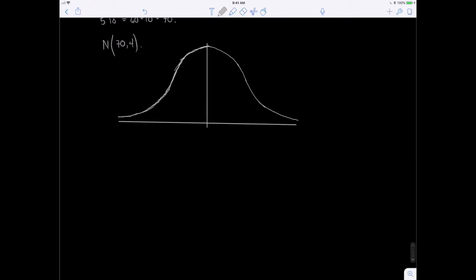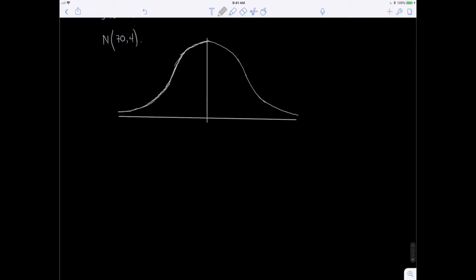Now, remember this is no different than the standard normal distribution. Again, the mean goes right in the middle. In the standard normal distribution, we would have gone 1, 2, 3 standard deviations to the right, and 1, 2, 3 standard deviations to the left. The picture is exactly the same, but now instead of a standard deviation being 1 unit, it's 4 units.